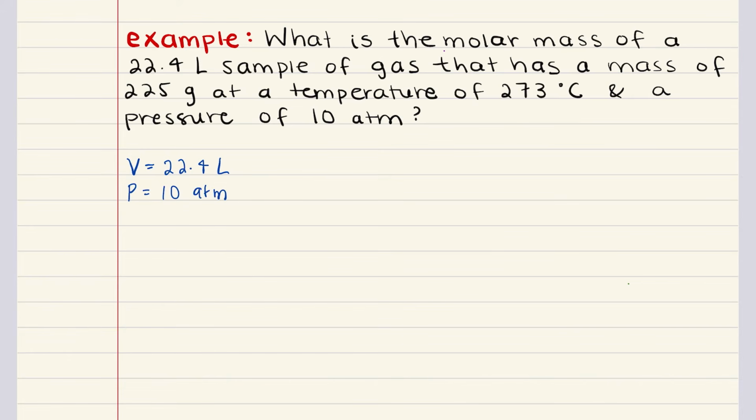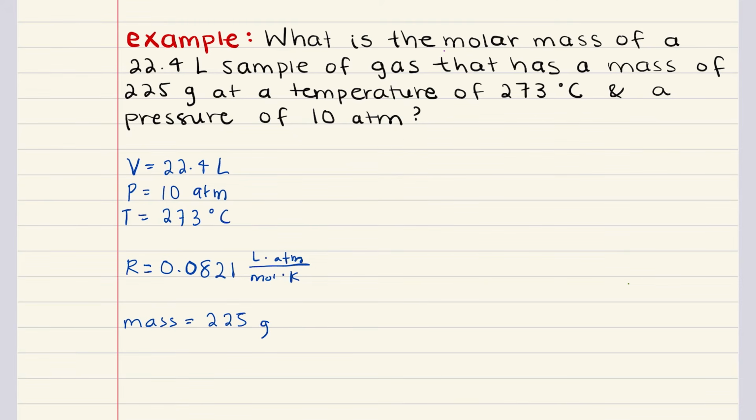And we know that the temperature is equal to 273 degrees Celsius. We also know what our gas constant is. It's 0.0821 liters times atmosphere over moles times Kelvin. And we're also given the mass of this unknown sample of gas. It's equal to 225 grams.